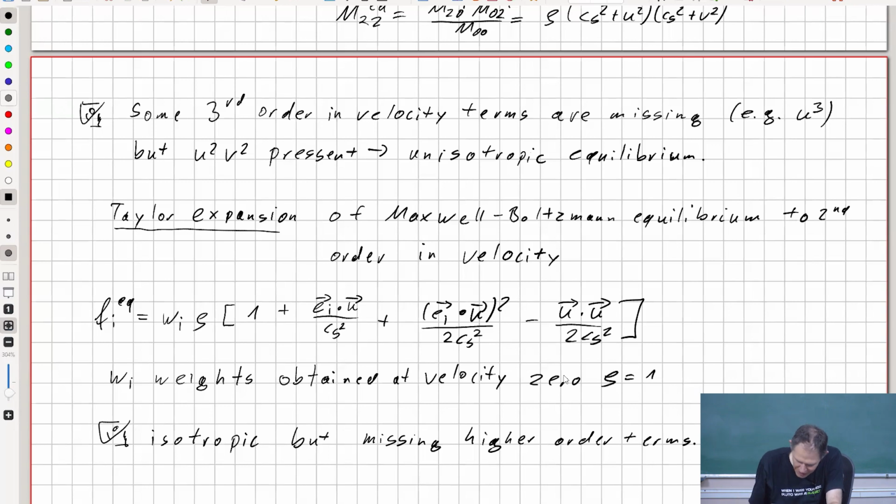There is one other important thing that people can understand better, namely that this Taylor expanded equilibrium is substantially less stable. If you run the method with this, it will be substantially less stable than if you use moment matching.